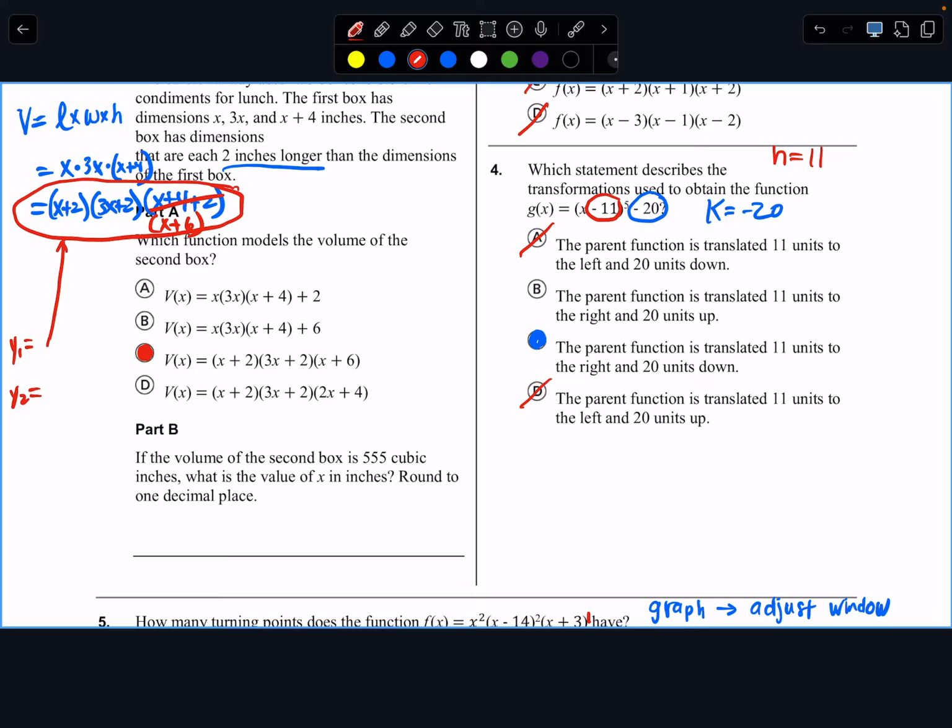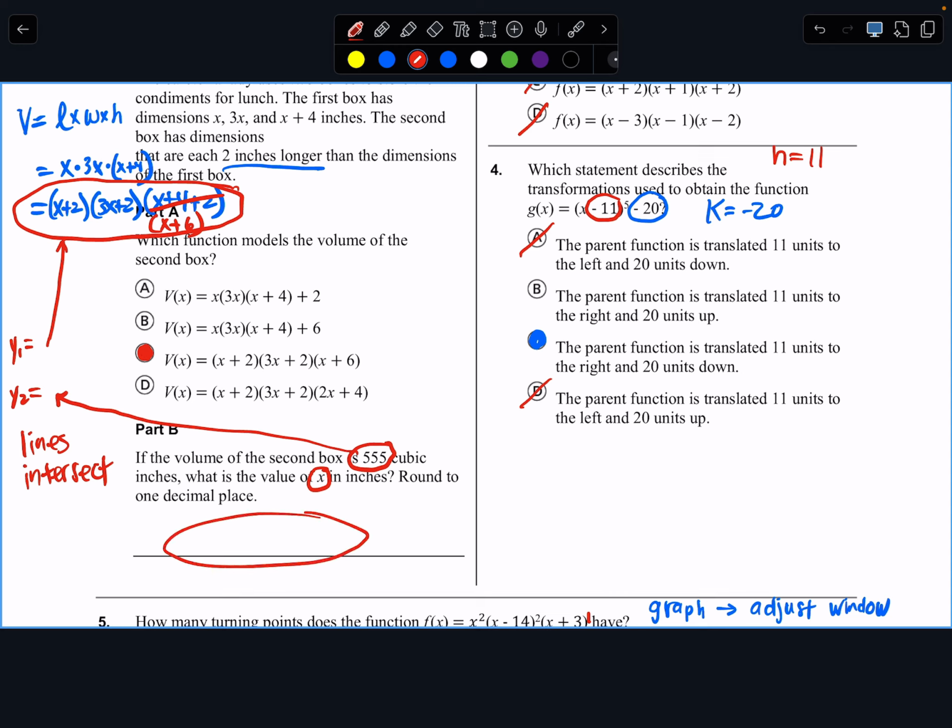For the second line, you're going to put what the volume actually is. So if you want to figure out what x is, where do the lines intersect? Then you use the calc function and intersect to find that, and that's going to be your answer.